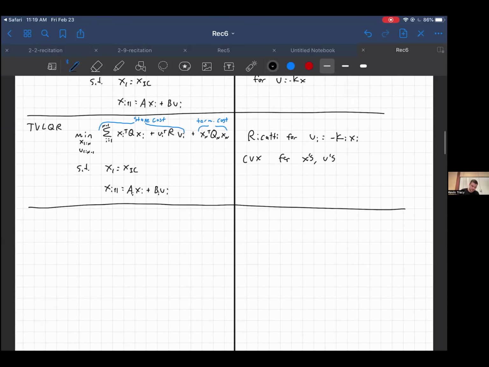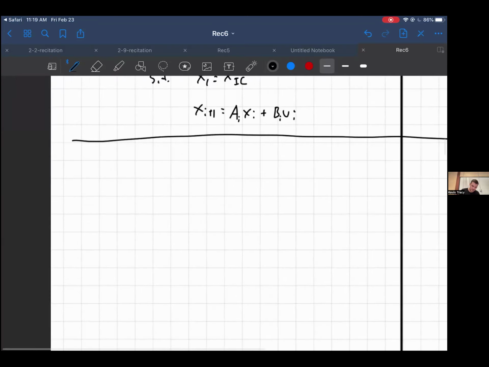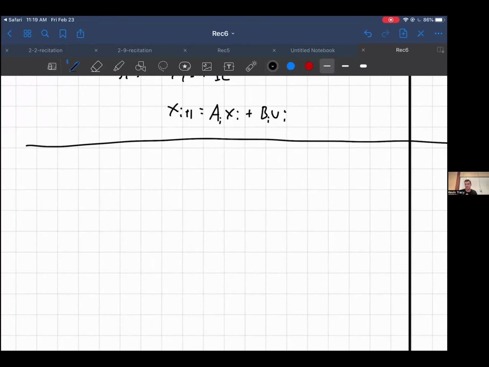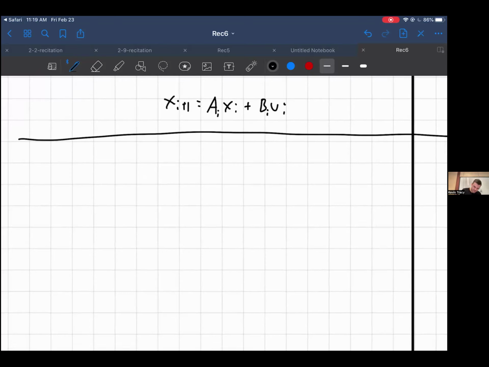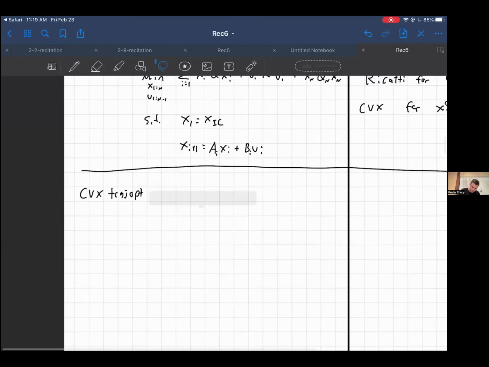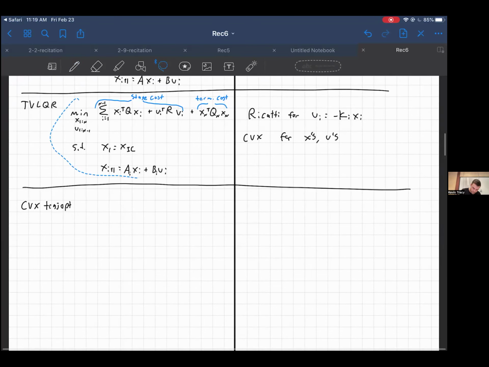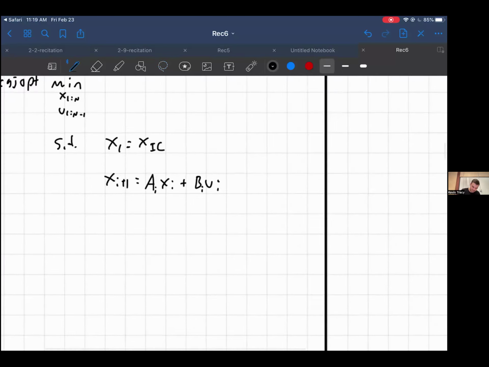Now, the next thing that we learned about is iterative LQR or differential dynamic programming. And this is where we get into real trajopt kind of stuff. Oh, actually, let me do one last thing. I'll just call it CVX trajopt. And this is just any, so here we'll just talk about any convex constraints sort of thing.